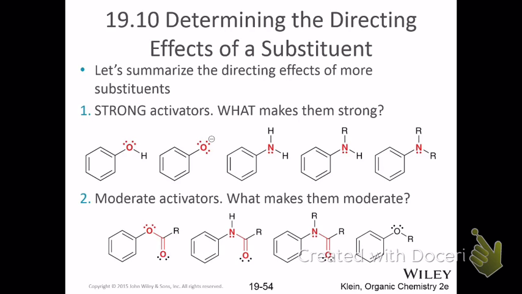Excluding this one, what's true about all the moderate activators? What's that? Do you remember the analogy I gave you about the dating? Sorry, did I give you that analogy?